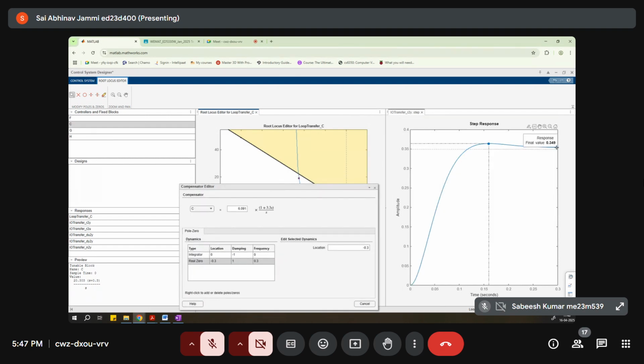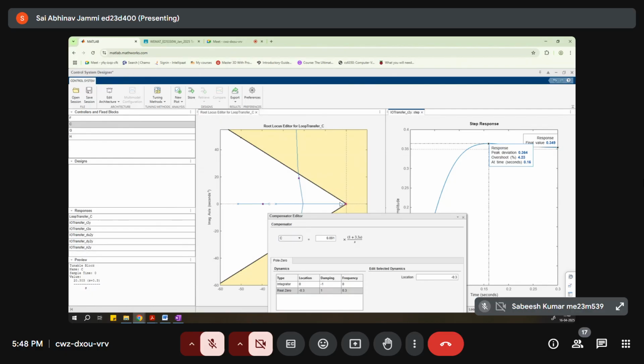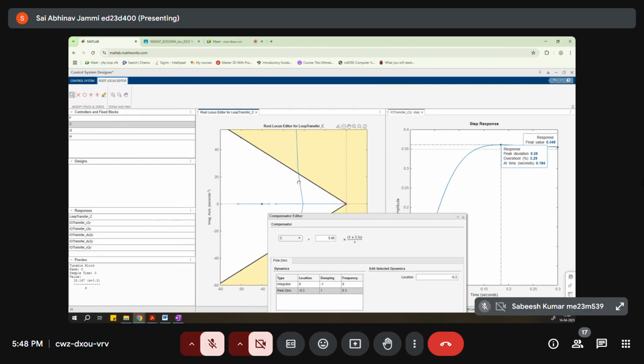See, my final value is 0.349, which is not different from the step I gave, and my overshoot percent is 4.23, which is the peak overshoot. I'll have to reduce it to 4, so below 4.